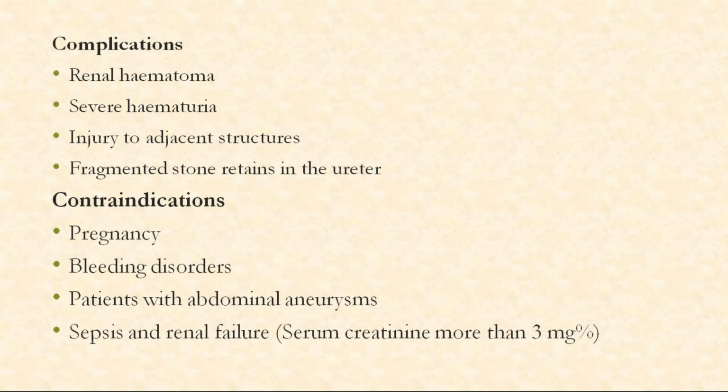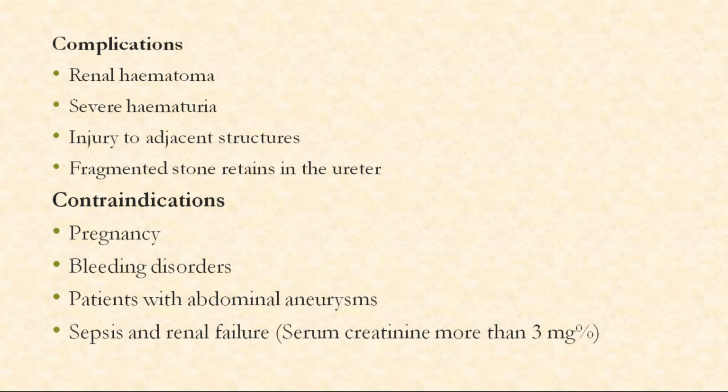So what are the complications? When you do shock wave therapy, certain complications may develop. One is renal hematuria. Small renal vessels may be damaged by the shock wave therapy, and the patient may develop hematuria. Or sometimes the major vessels, like the renal vein or artery, may be damaged and produce severe hematuria.